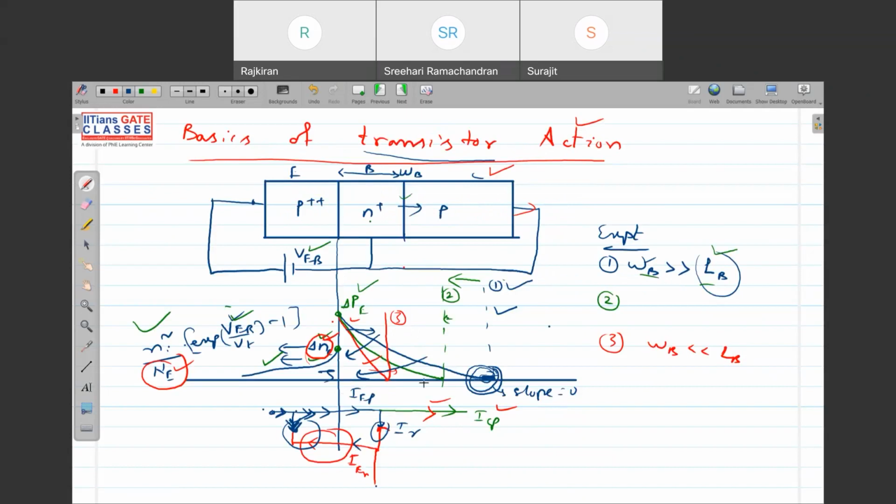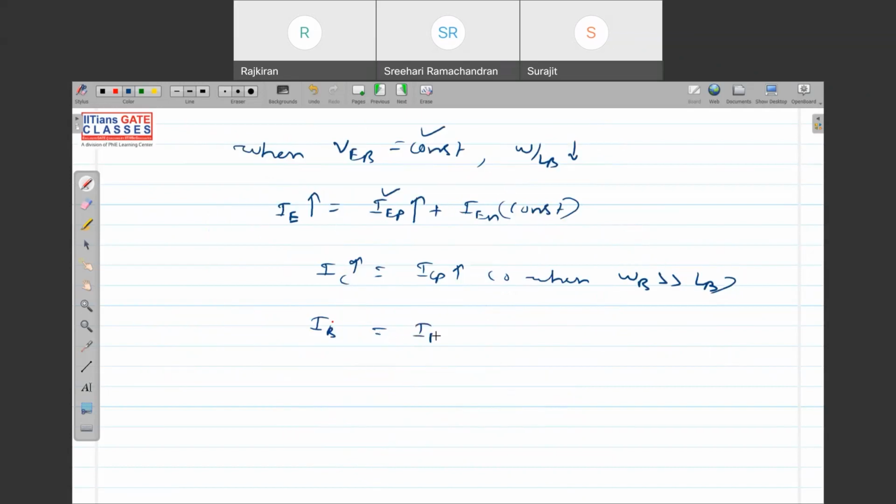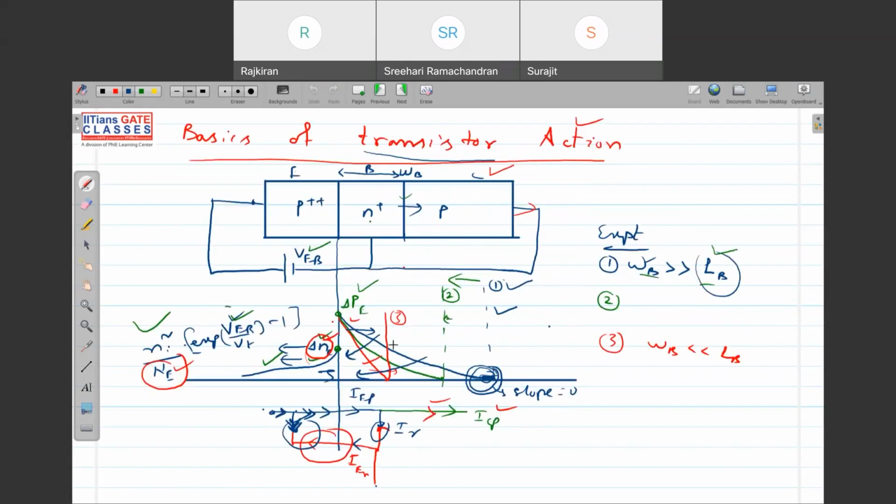So if you go on decreasing the base width, what is happening? The number of hole recombinations is decreasing, right? In case 1, almost all holes are recombined. In case 3, very few holes are recombined. Right or not?